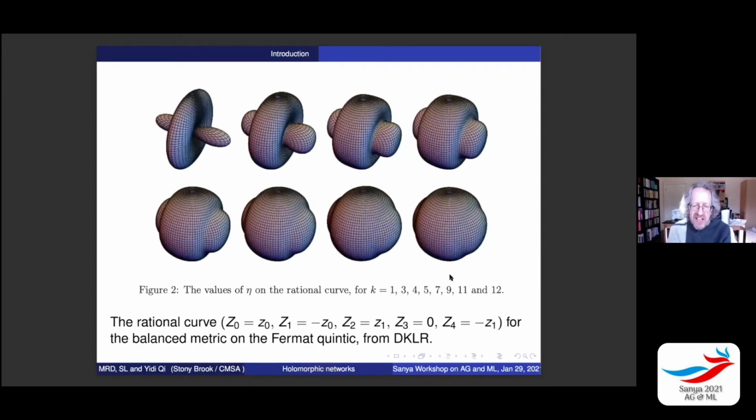So that's an example of the convergence, and this is taking an S2, the obvious rational curve in the Fermat quintic, and looking at this eta parameter. We would have a perfectly symmetric sphere if eta was constant, and as we increase the degree of the line bundle, you can see visually how that convergence works. But even for k equals 12, you can see it's not a perfect sphere because the balanced metric is not the Ricci-flat metric.